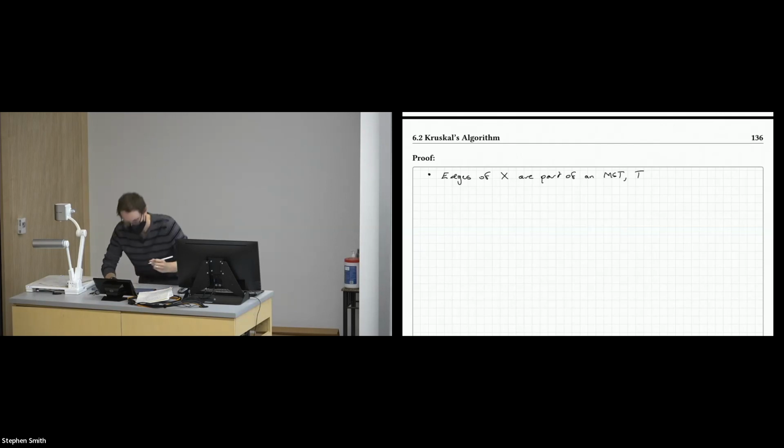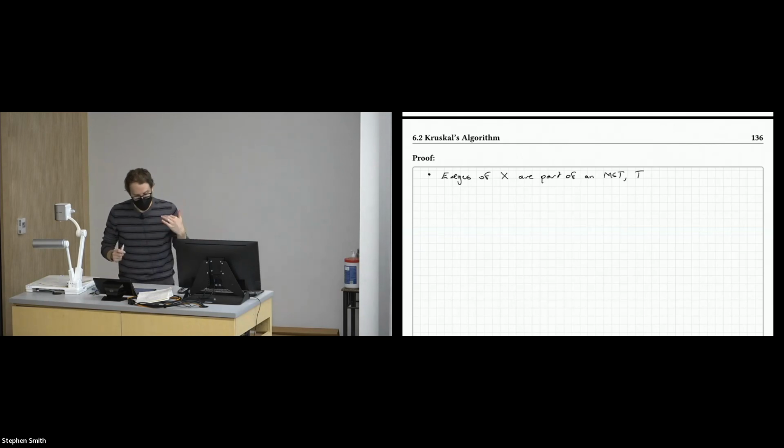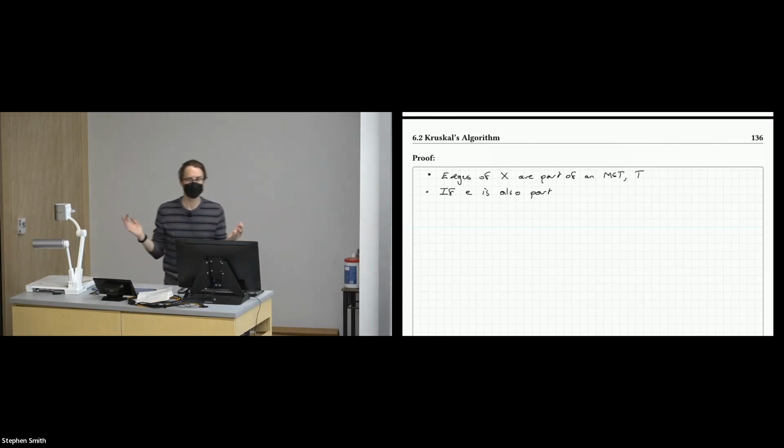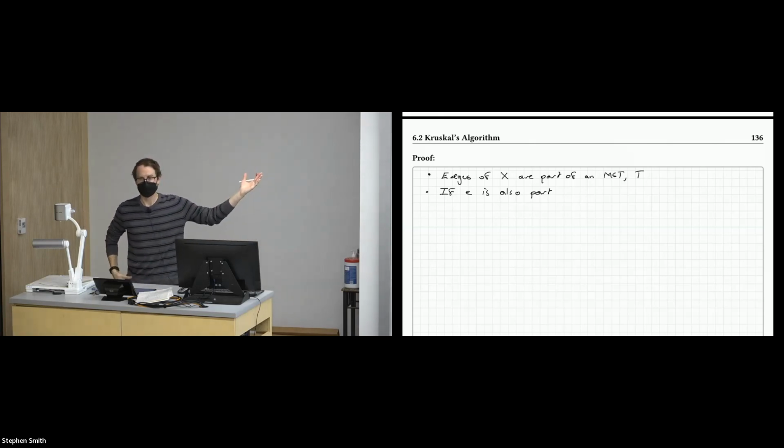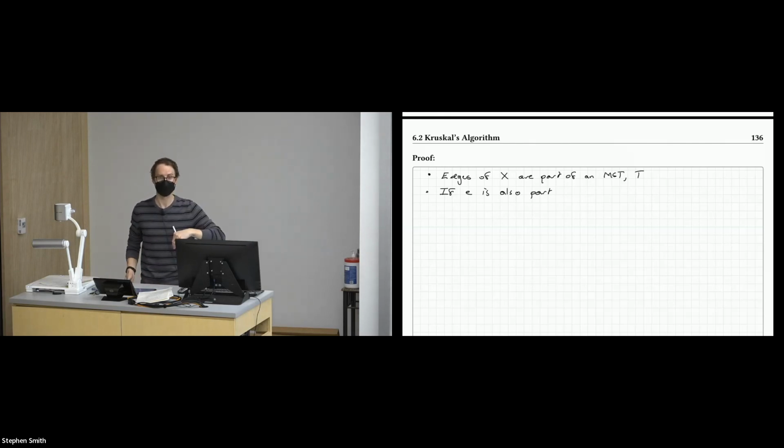Let's call that MST T. Now we add the shortest edge, E. If E is also part of T, then everything's good. We just added another edge in T, so there's nothing to prove. The interesting case is where E is not part of T. And then we're going to show that E has to be part of another minimum spanning tree, T prime.